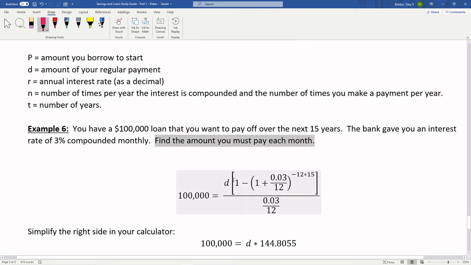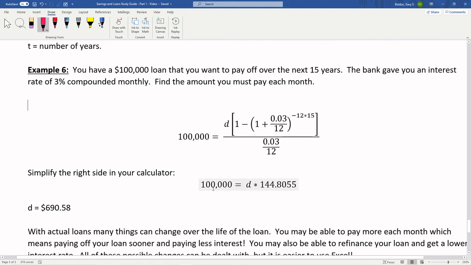I don't know that, so that just is left as D, times 1 minus, and then all this stuff gets plugged in. Here's your R, here's your N, here's your T, all plugged in, very similar to the last problem. Again, though, I always take a step to simplify this in the calculator before trying to do everything at once.